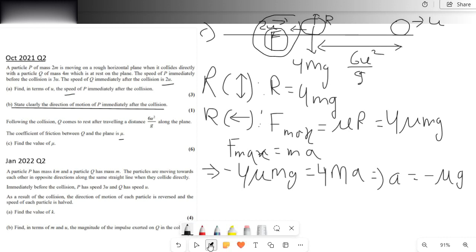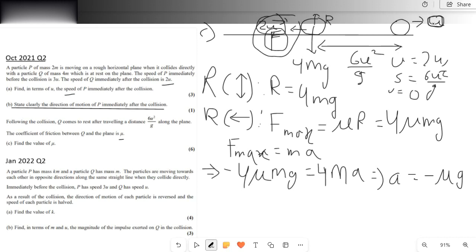Now we know that the initial velocity was 2u, displacement is 6u squared by g, and final velocity v is equal to 0 because it comes to rest.